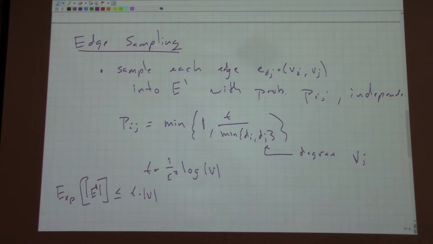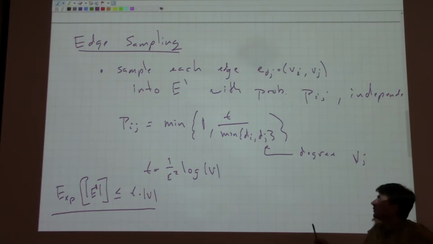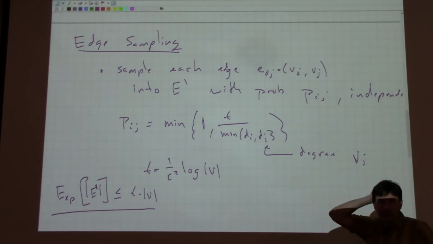This is actually pretty easy to see. I basically assign every edge to the vertex with the smaller degree. Then the probability that it's kept, for every vertex, I look at which of those edges are kept, and the probability is going to be t over its degree.